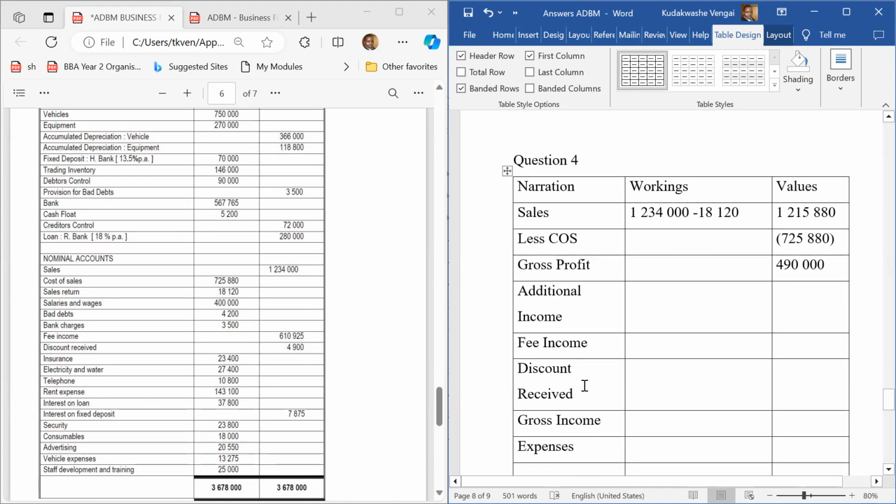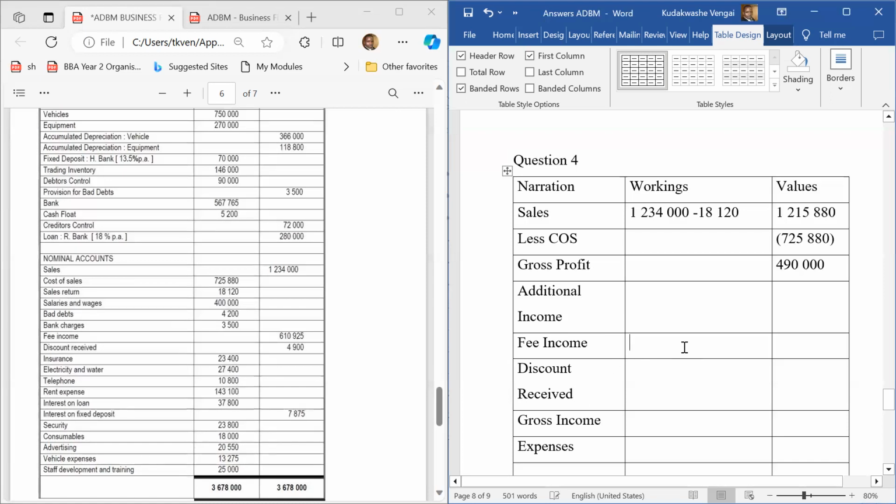And then you've got interest on a fixed deposit. But interest on a fixed deposit is recorded after your operating income, after your operating profit. Because remember, you say operating profit, and then you add interest income, you subtract interest expense. So this one for now, we are not interested in it. We'll deal with it later, right?